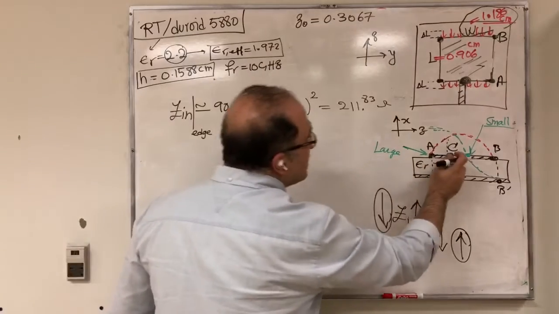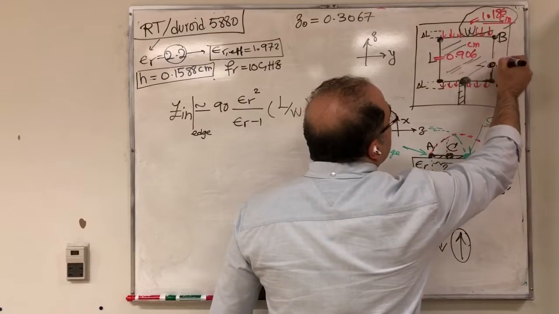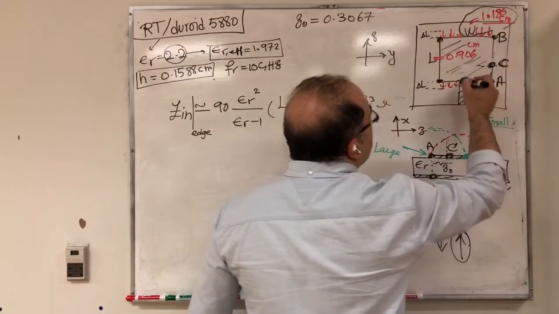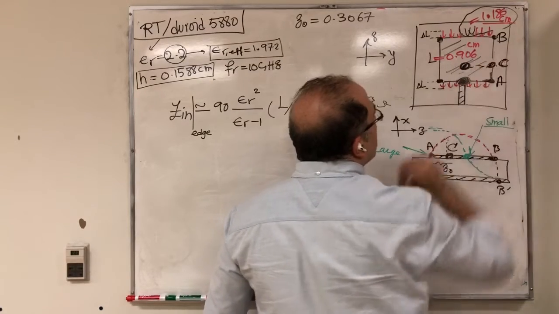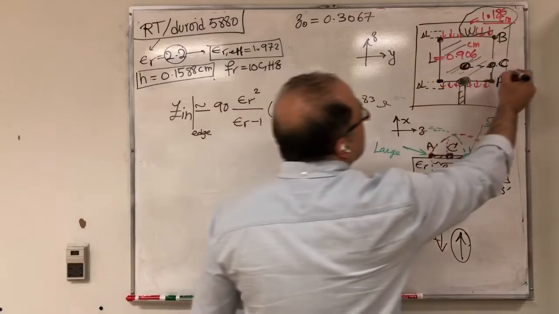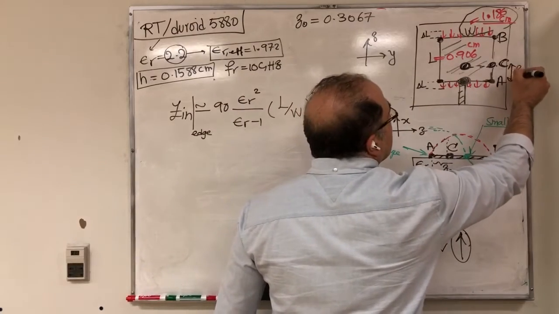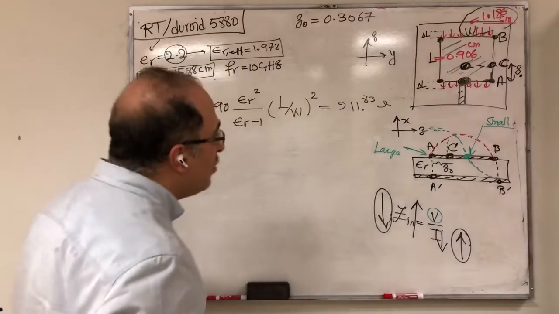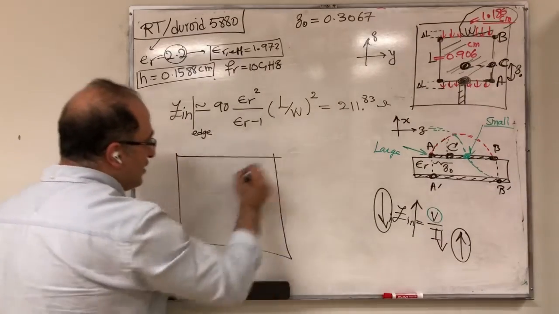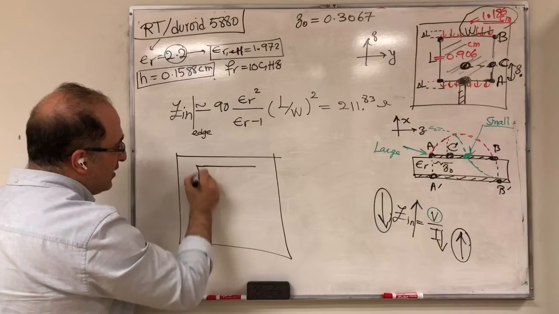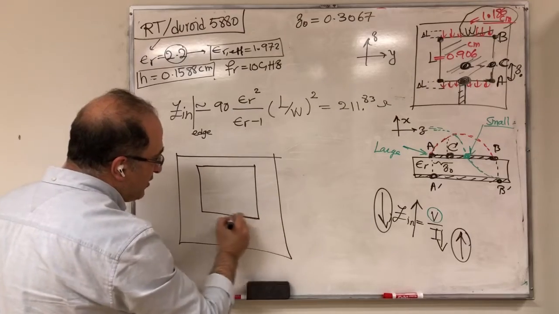So by the way, if this is point C, this would be point C. Right now, instead of feeding here, I want to feed at this point, which corresponds to point C. And this distance here is Z naught. So what I do is that I'll get my patch. So this is my patch here.